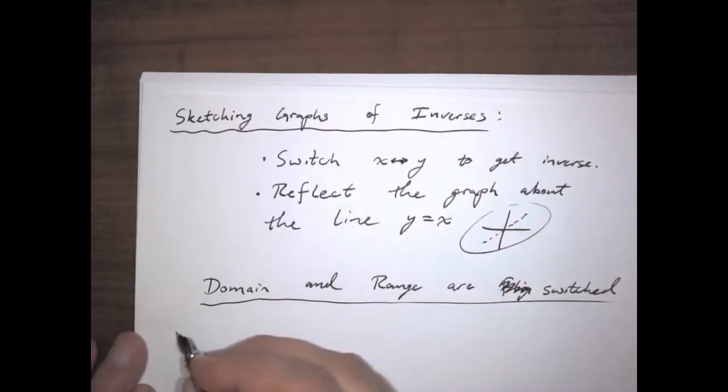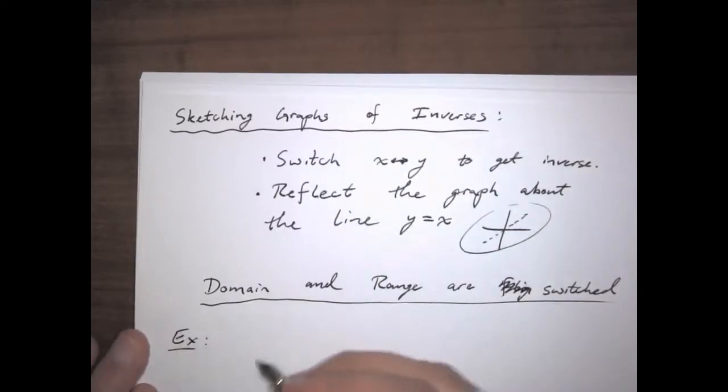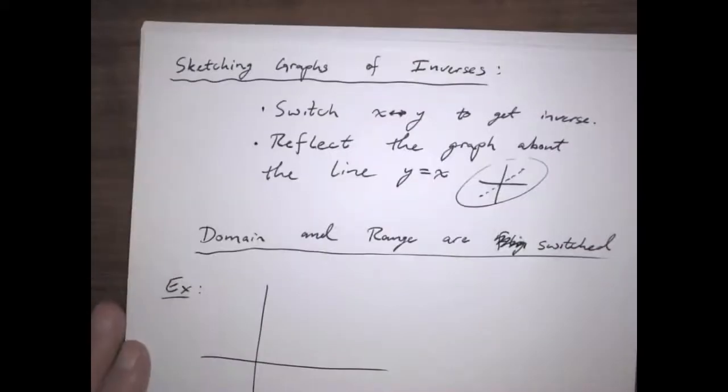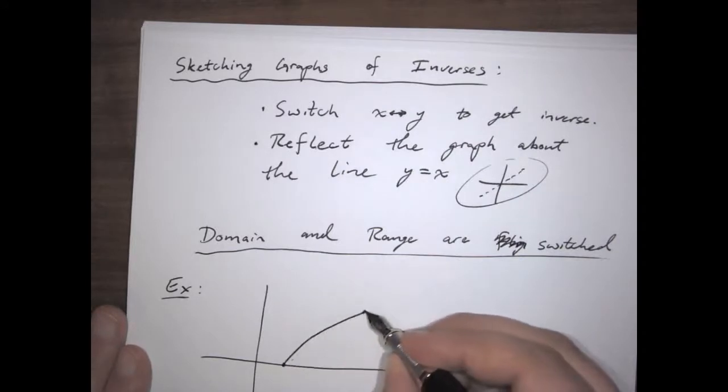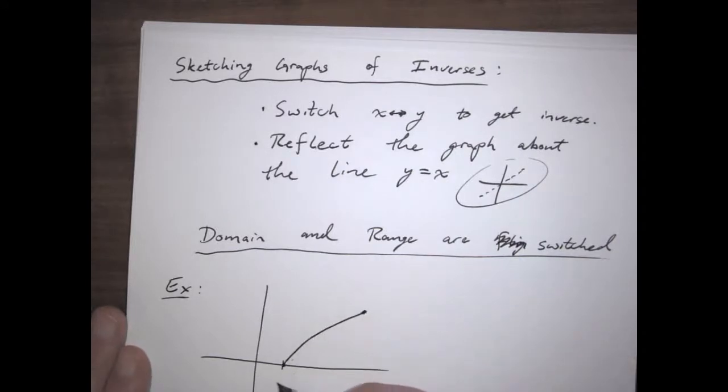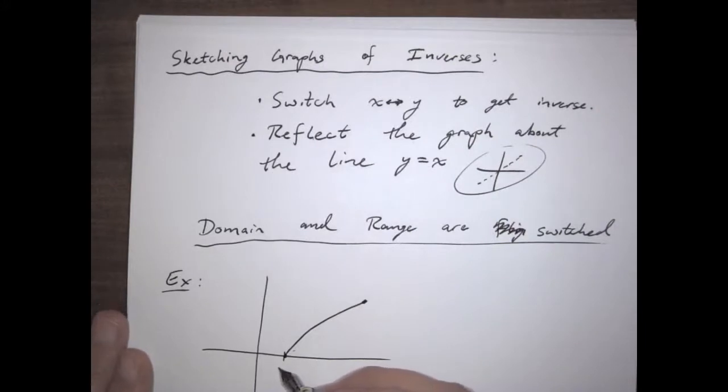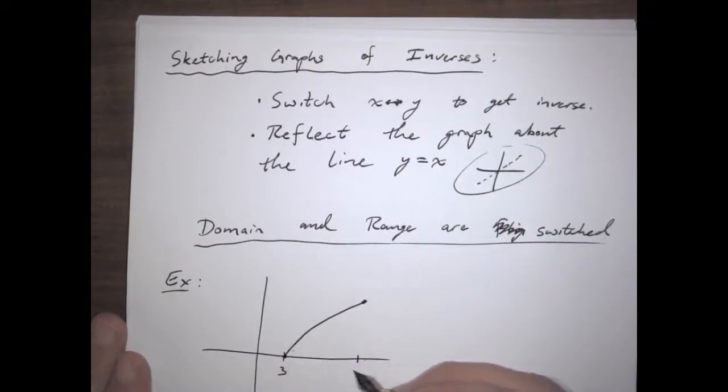So as an example, let's take a graph like this. Let's say that we have a graph of f and it looks like the following. Let's say that this is an x value of 3. Let's say that this is an x value of, let's say 9.